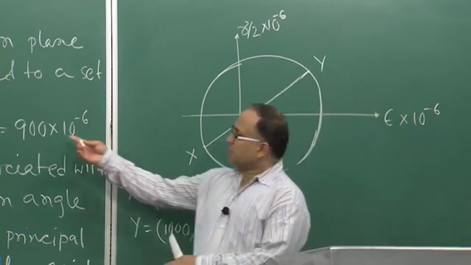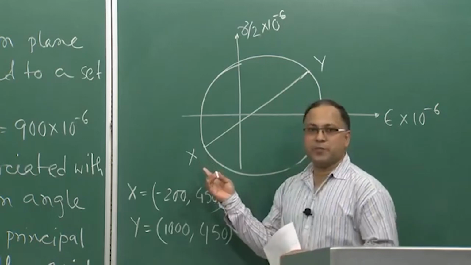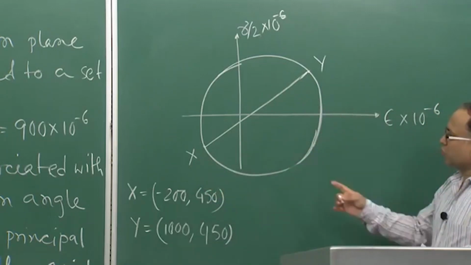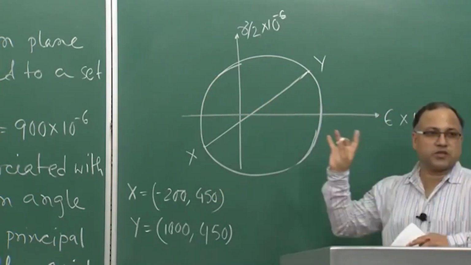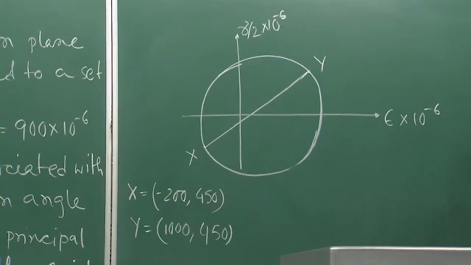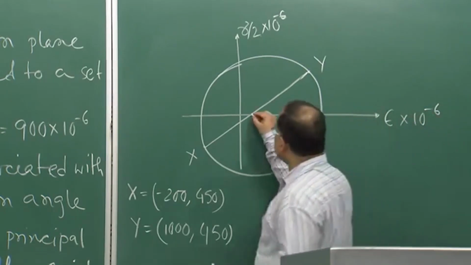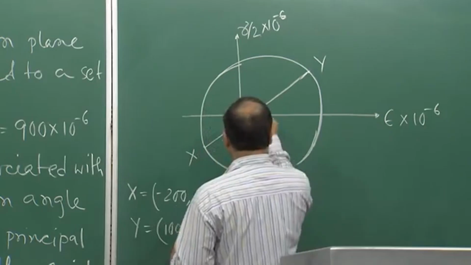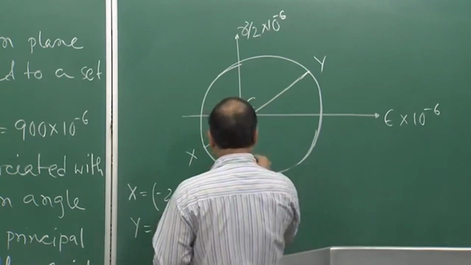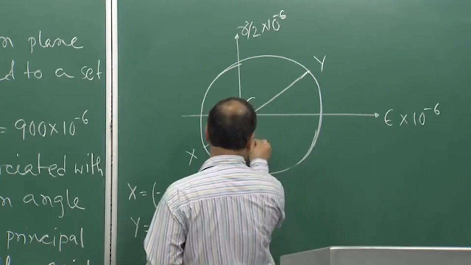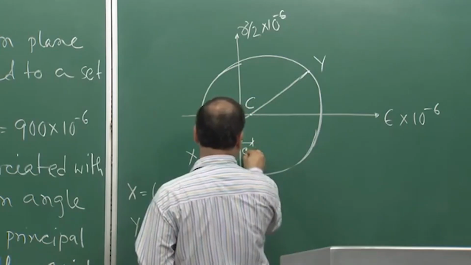And your shear strain is positive, therefore, x point is coming below the epsilon axis, it has not gone above the epsilon axis because shear strain is positive. So, that is quite understood. So, this is your center, center of the Mohr circle say C, and this distance is a small c.